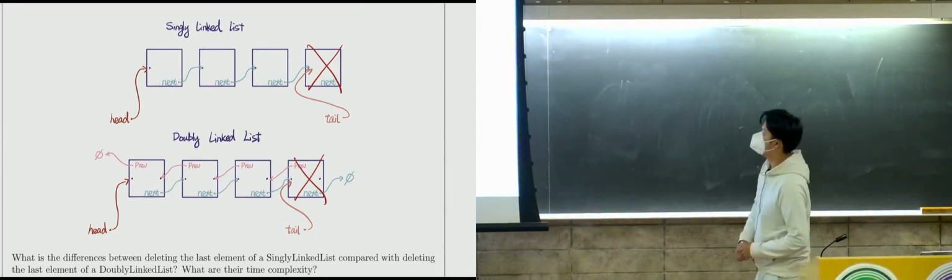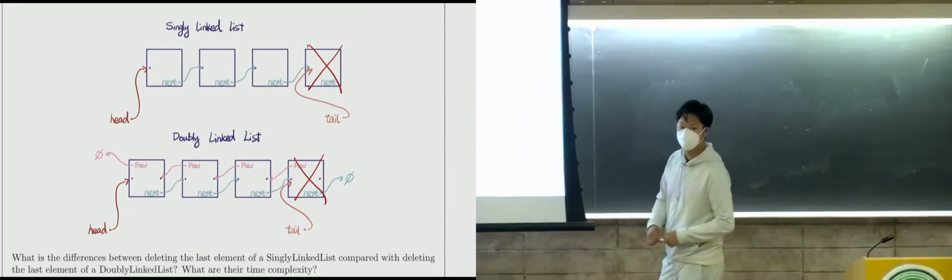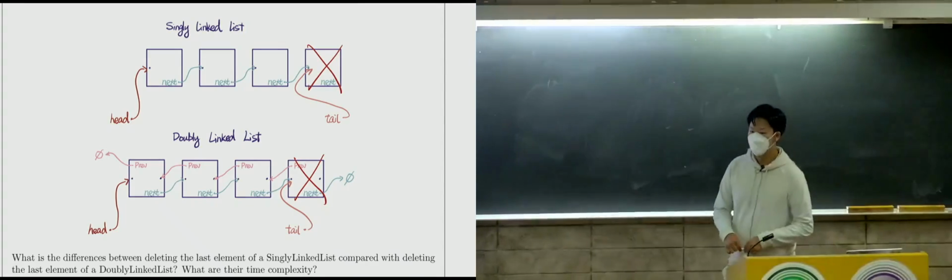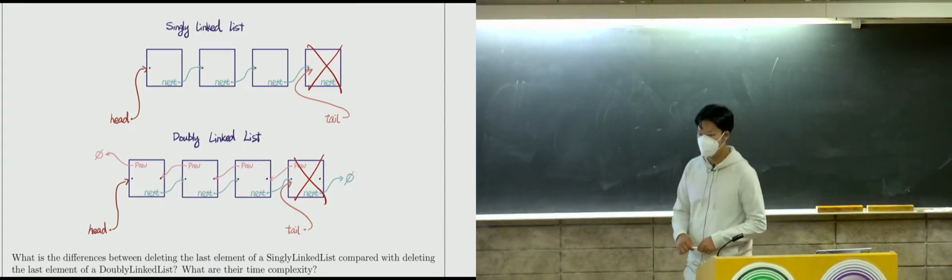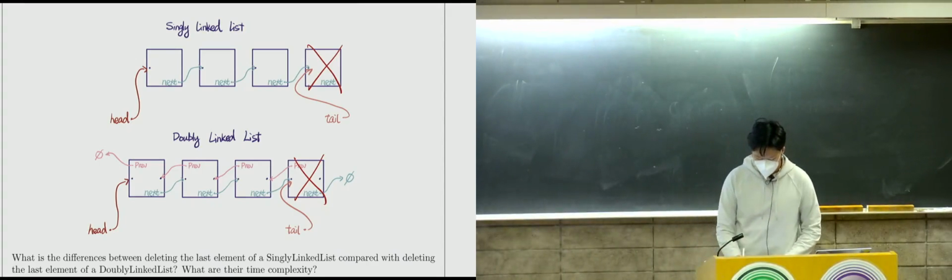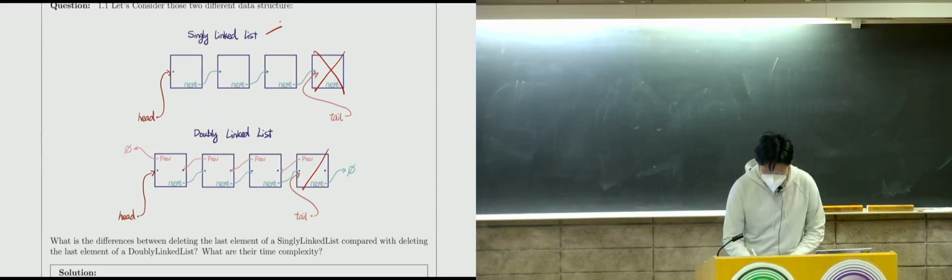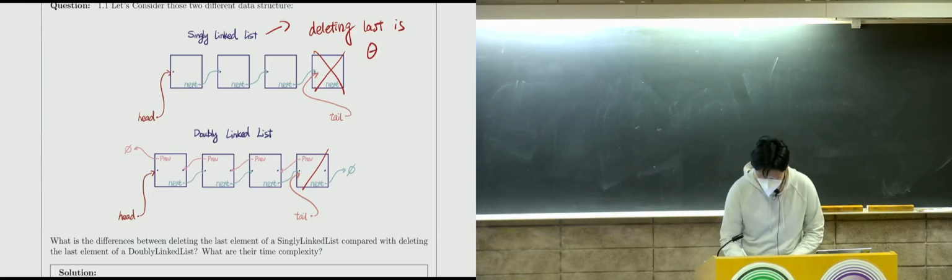What is the time complexity of the singly linked list? O(n). Why? Yes. So for the singly linked list, deleting the last element is O(n).